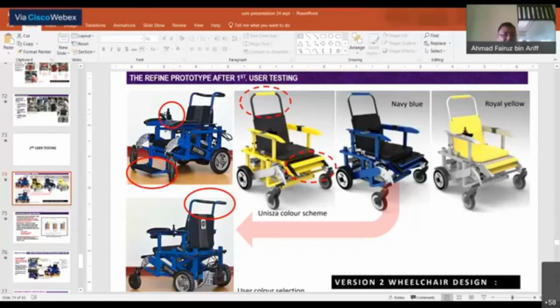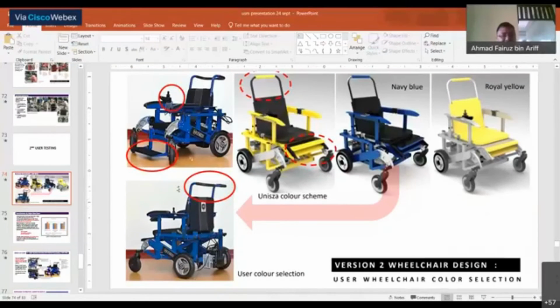And this one we did the proper bracket, and this lifting area we changed from stairs to platform. Okay, so this is the total final outcome.